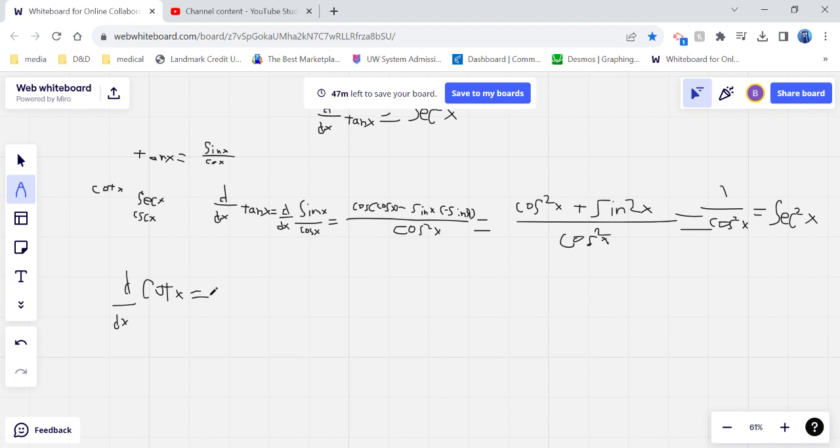Well, that is equal to the derivative of cosine over sine of x, right? Because it's the inverse of tangent.